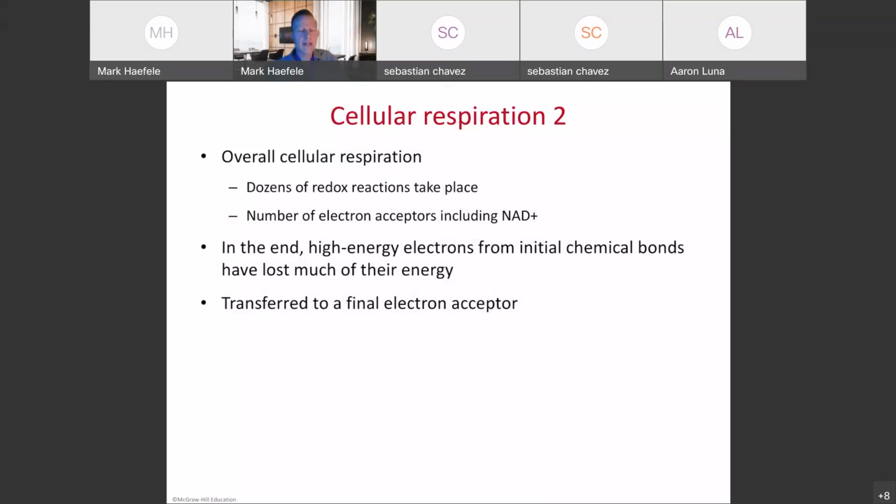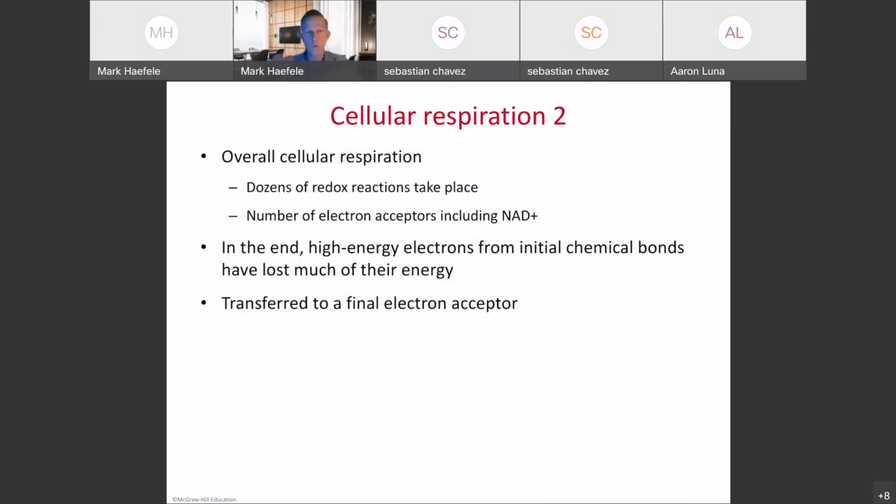So when you take a look at the overall pathway of cellular respiration, there are a lot of reactions going on, a lot of them. And what we're going to cover is the simplified version of cellular respiration. But ultimately, there are a number of different types of electron acceptors.